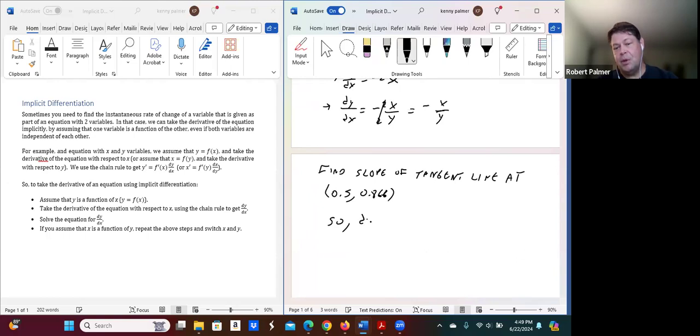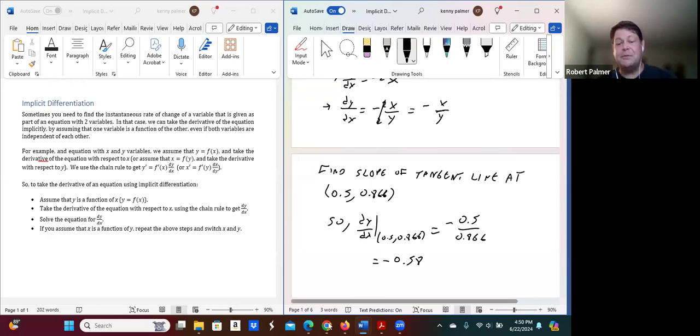So dy over dx at that point, and some people use this notation, at 0.5, 0.866, means we're taking the derivative at that point. That's going to be negative x, which is 0.5, over y, which is 0.866. And that came out to be, rounded to 2 places, negative 0.58.